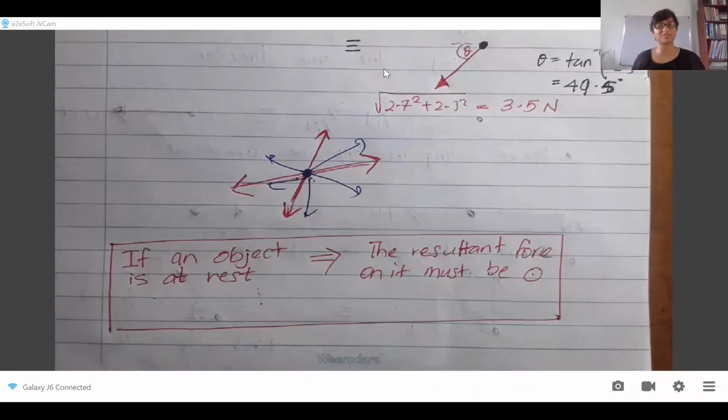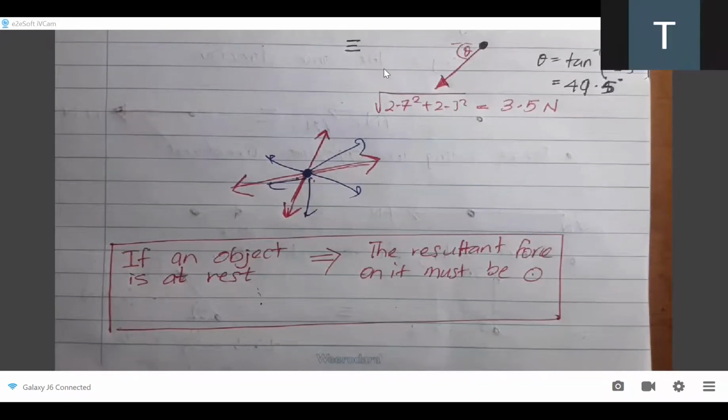I'm purposely using the word recite. I remember it as: when the resultant force is zero, the object can either be at rest or moving at a constant velocity.